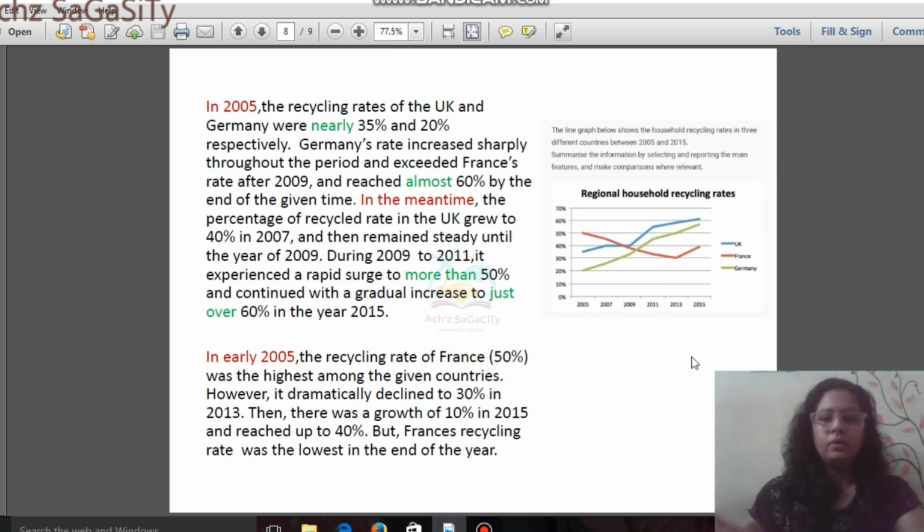So you can write like that. However, it dramatically declined to 30% in 2013. Then there was a growth of 10% in 2015 and it reached up to 40%. At last you can see that a 10% growth was there. But anyway, it was the lowest rate by the end of the period. So that's why we want to write: but France's recycling rate was the lowest at the end of the given years.